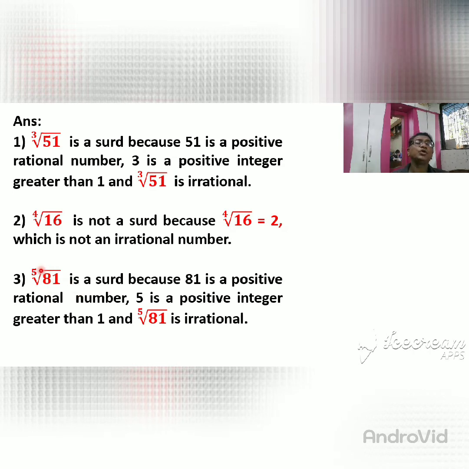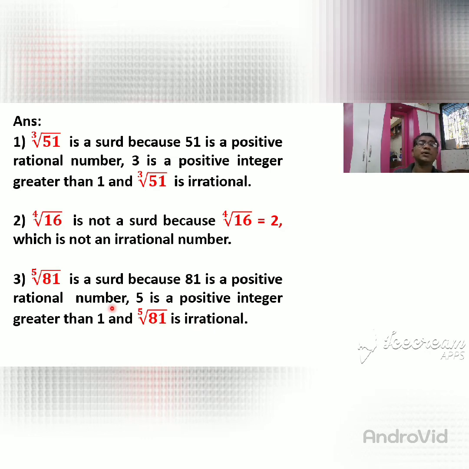See, the fifth root of 81. We don't know the fifth root of 81. Which number is the fifth root of 81? That we don't know. So it is a surd. Here we write that the fifth root of 81 is an irrational number.